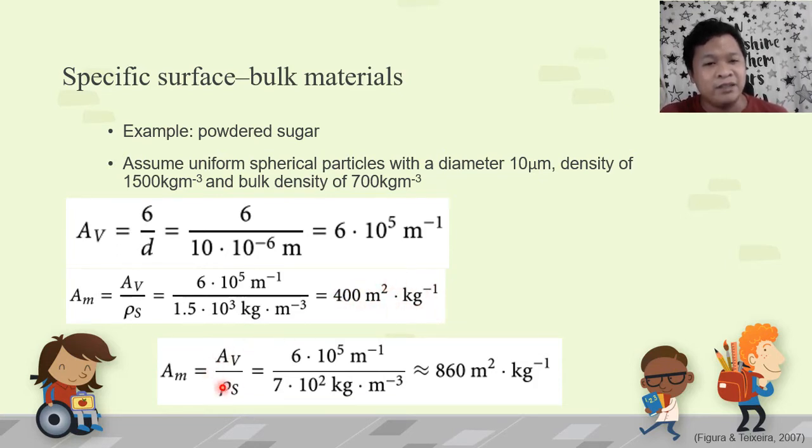On the other hand, if we are to assume based on its bulk density, no, yung per unit mass niya na area, then we would have higher amount of, tawag dito, higher area per unit mass of 860 square meters per kilogram.